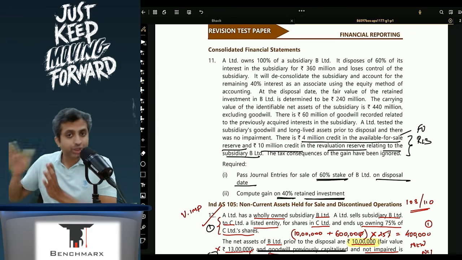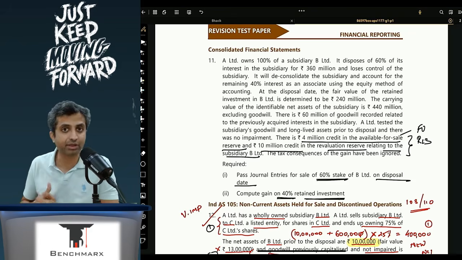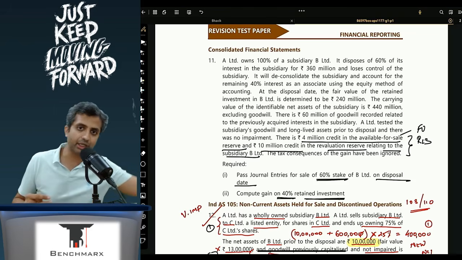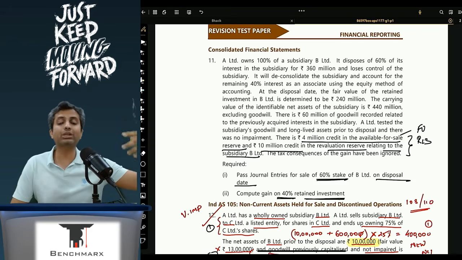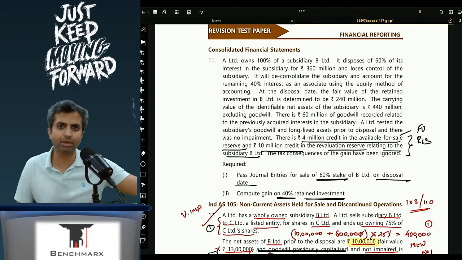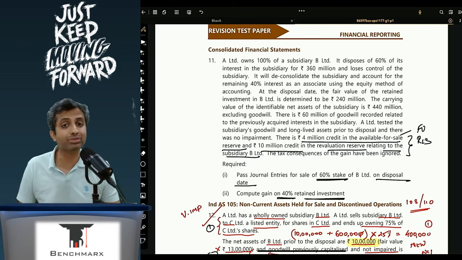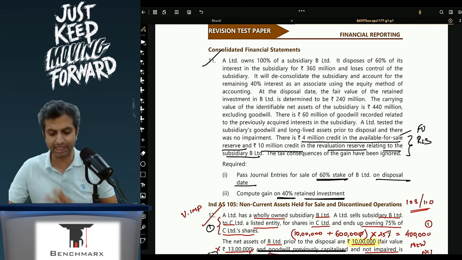So when I dispose of my subsidiary, I lose all the assets and liabilities of the subsidiary, then I will also have to reclassify my share of the reserves into either retained earnings if it is non-reclassifiable like revaluation reserve, or into the statement of P&L if it is reclassifiable like your available for sale reserve, assuming it is on debt instruments. Otherwise, question number 11 is again the same as a stake sale question.